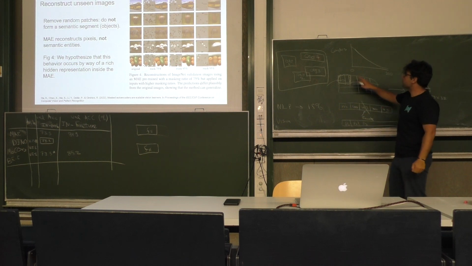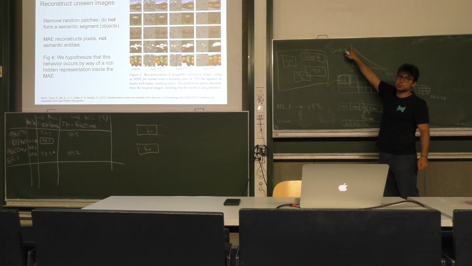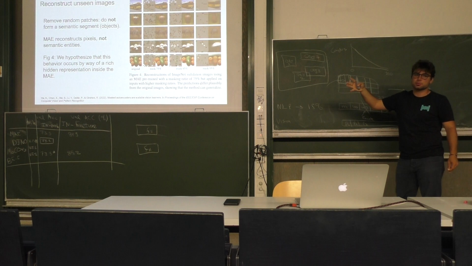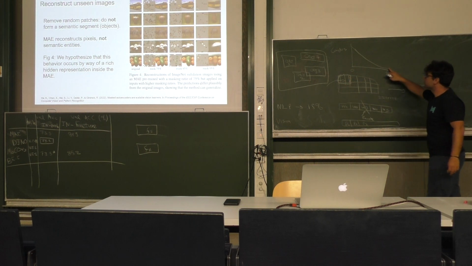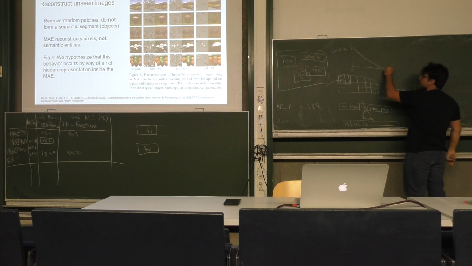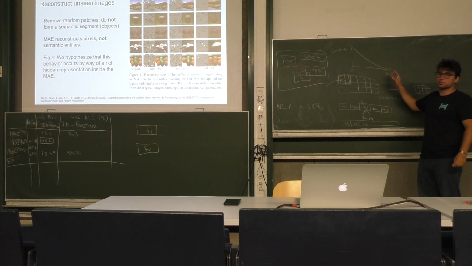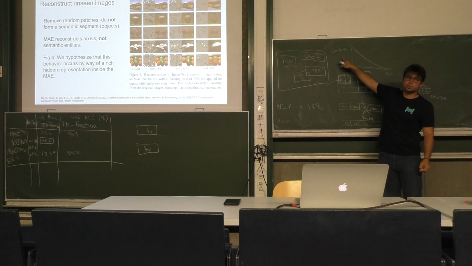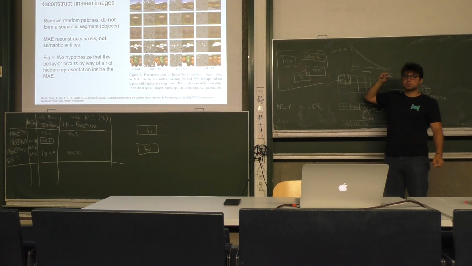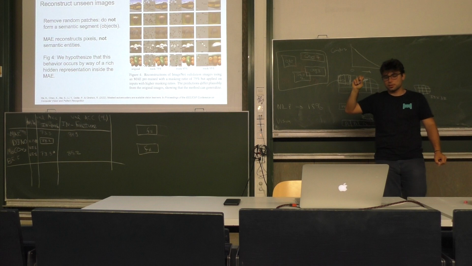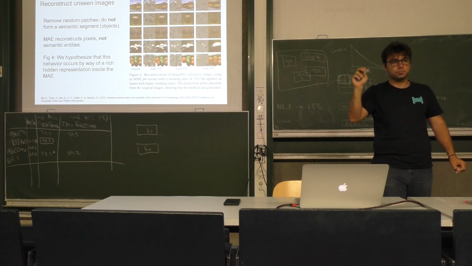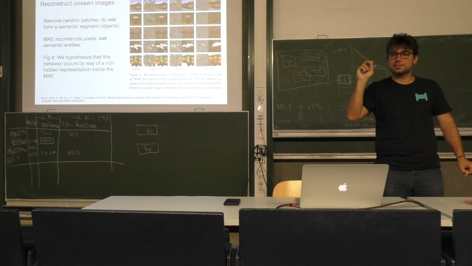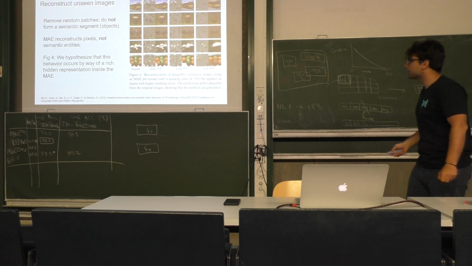So this is the complexity when you don't mask the image. It's the baseline complexity, just processing an image with a vision transformer. And this would be, let's say, 0 complexity if you mask all the image, since you have nothing to process in the encoder. And the more you mask the image, the more you reduce the complexity of the encoder. So this is the most attractive component of this architecture. Is that very clearly established? Okay.